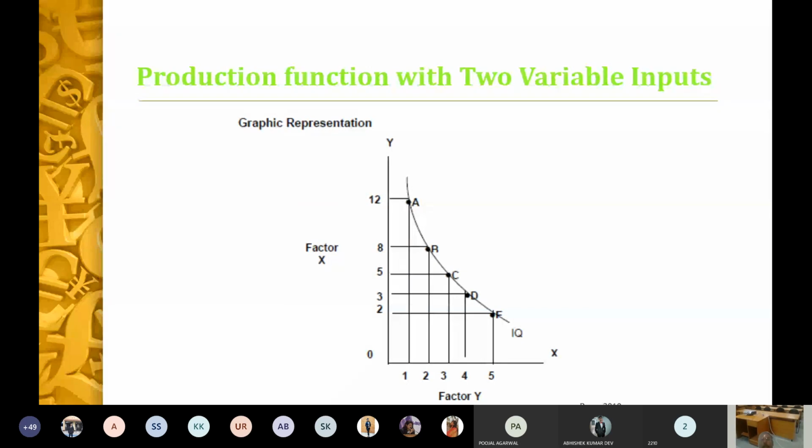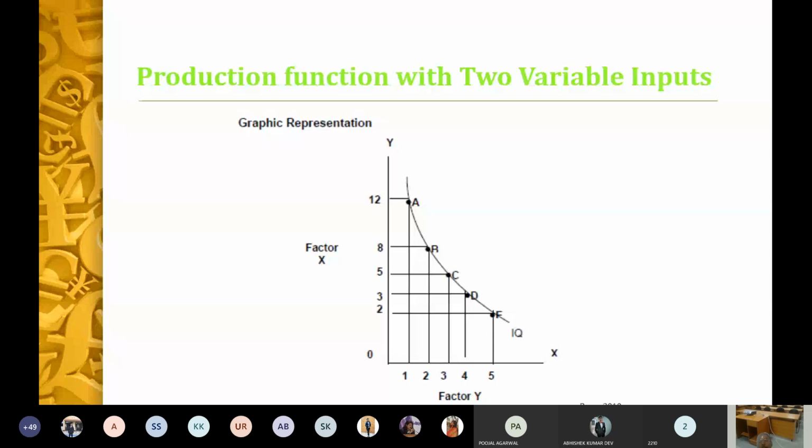So now we see that we can have more than one isoquant in the same graph. Obviously, what will be different would be the level of quantity.